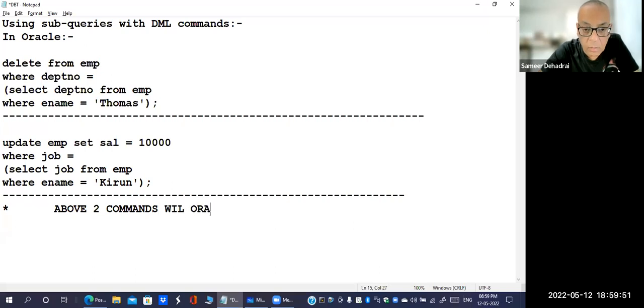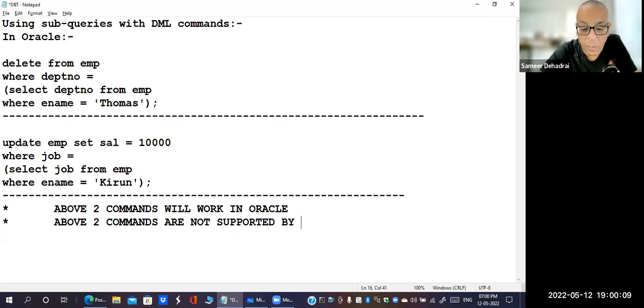Will work in Oracle. The above two commands are not supported by MySQL.